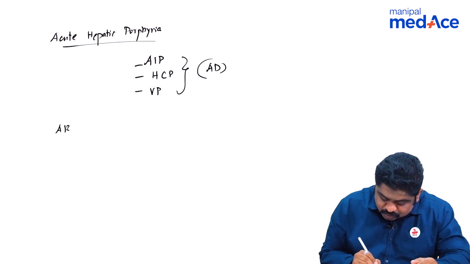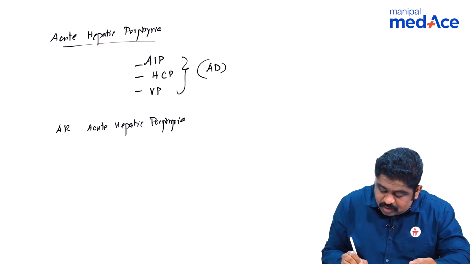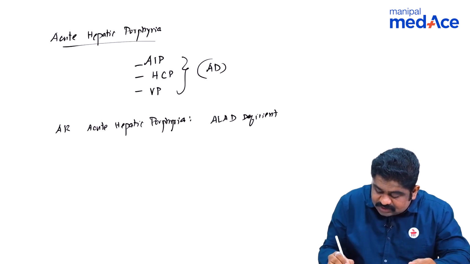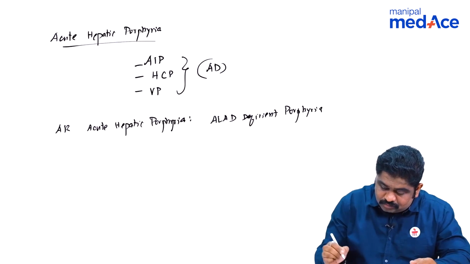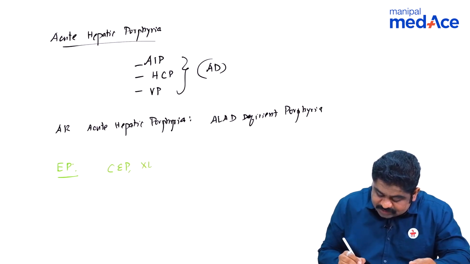Next, we have autosomal recessive acute hepatic porphyria. This is the second kind of porphyria called as ALA dehydratase deficient anemia / porphyria. Next, you look at the erythropoietic porphyrias, which can be congenital erythropoietic porphyria, and then you can think of X-linked protoporphyria.